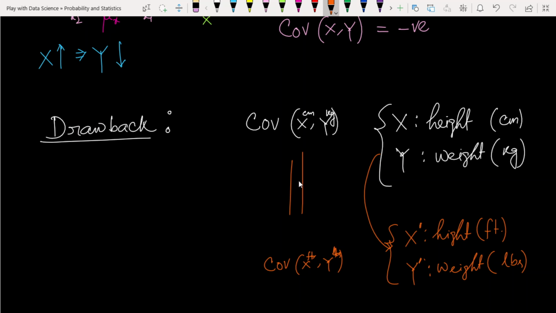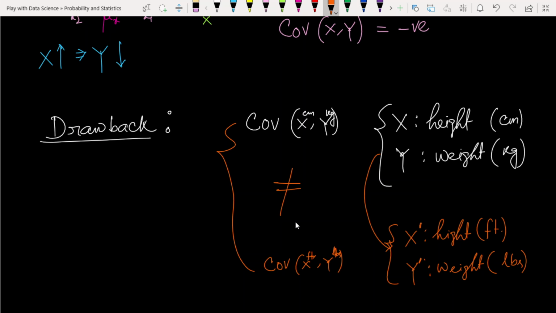They are not equal. These differences are the main drawback of covariance, because we have the same data, just converted, but our covariance has changed from here to here.